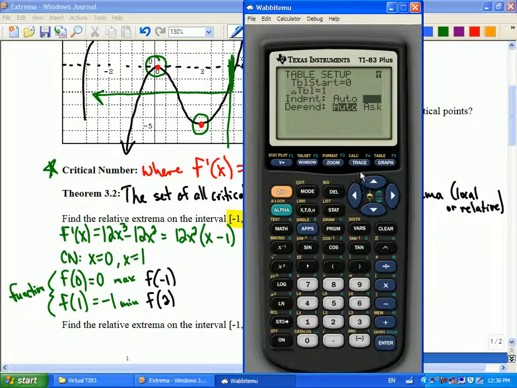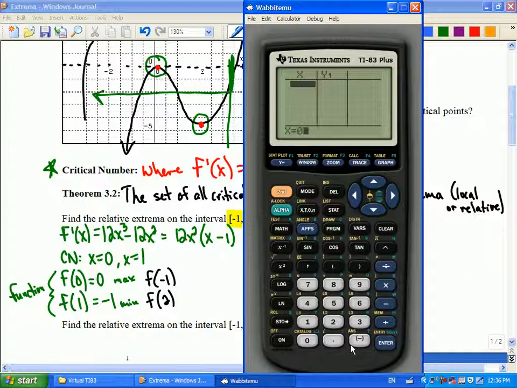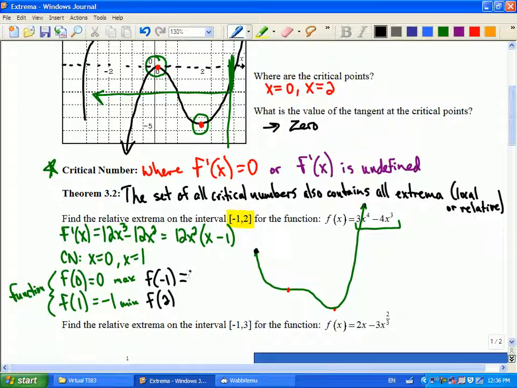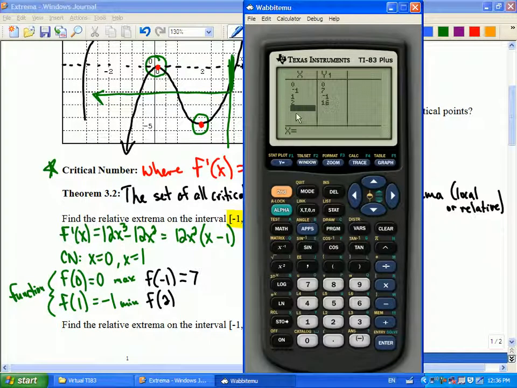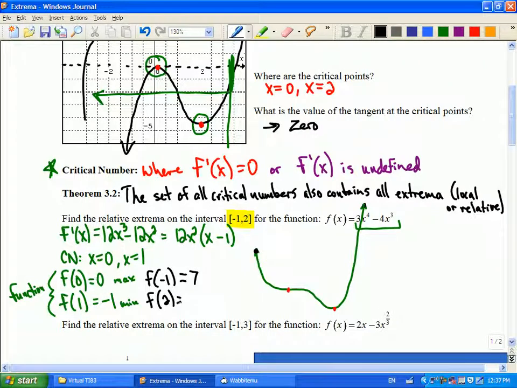And then I just go to the table, and I could plug in the value at 0, the value at -1, the value at 1, and the value at 2. That way you don't have to do it by hand. So that's over here, 0 is 0, -1 is 7, 1 is -1, which we already wrote, and 2 is 16.